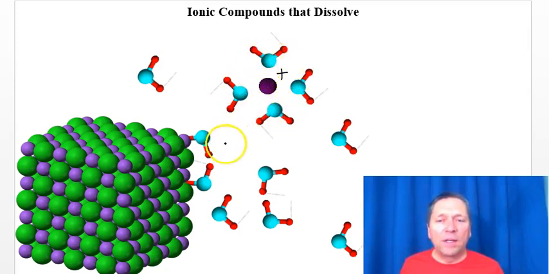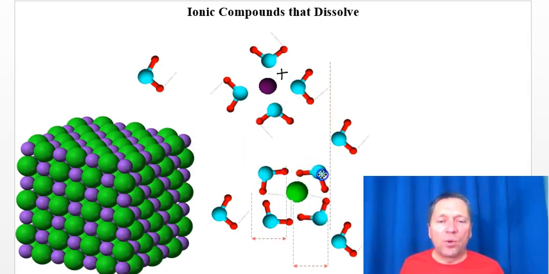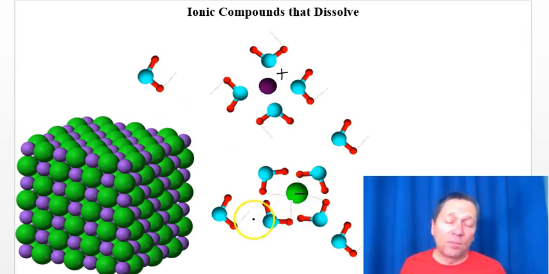It's become a hydrated ion. And the same thing can happen with the anions. They move out, they go into the water, they get surrounded by water molecules, bonds form, and that becomes a hydrated ion as well. Okay, so that material is now dissolving. The ions are moving out into the water and the whole thing is dissolving.